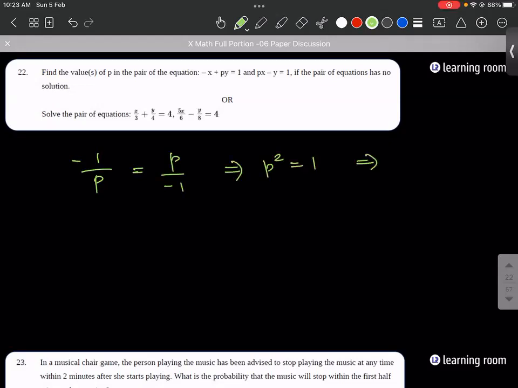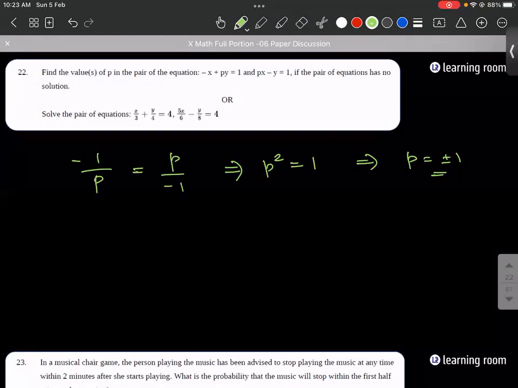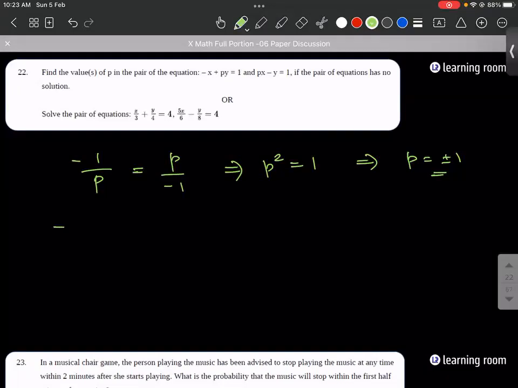So what will be the answer? P is equal to plus or minus 1. But from this, you have to eliminate. So when I take plus 1, I get minus 1 by 1 is equal to 1 divided by minus 1.